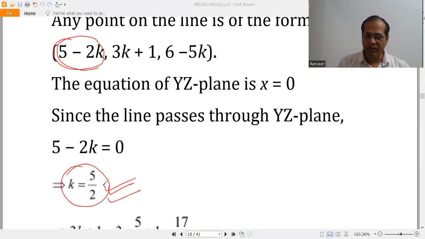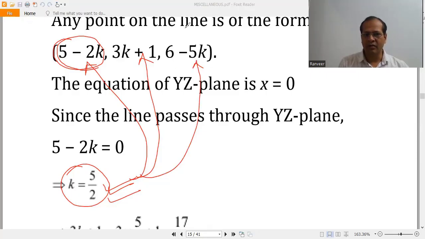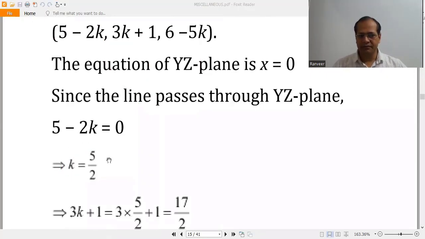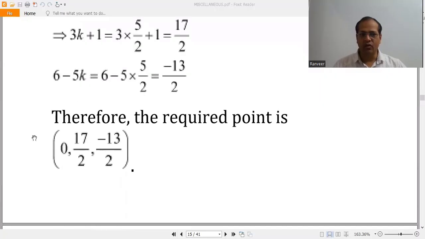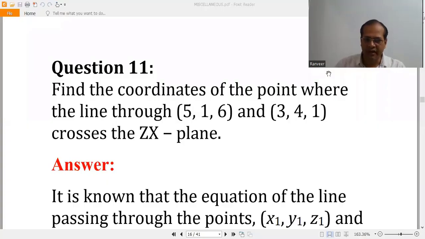When we got k equal to 5 by 2, we just substitute in each coordinate and we will get our required point. 3k plus 1 gives 17 by 2, and 6 minus 5k gives minus 13 by 2. So the required point is (0, 17/2, minus 13/2). This is the answer.